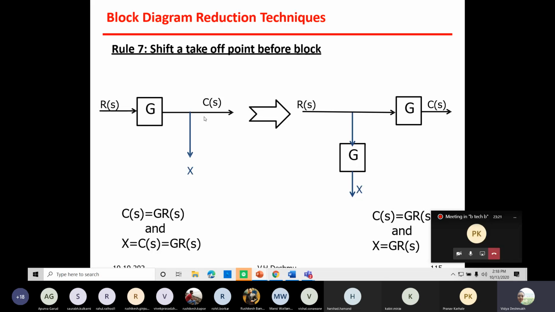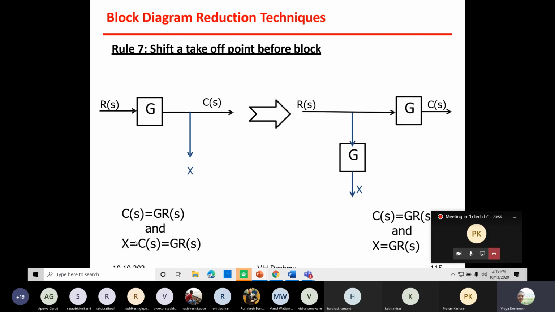The gain of the block from which we shift the takeoff point is what we add here. So we have to add the gain of the block G if we shift the takeoff point before the block. The equation proof is written here. C of S is G into R of S. What is X here?